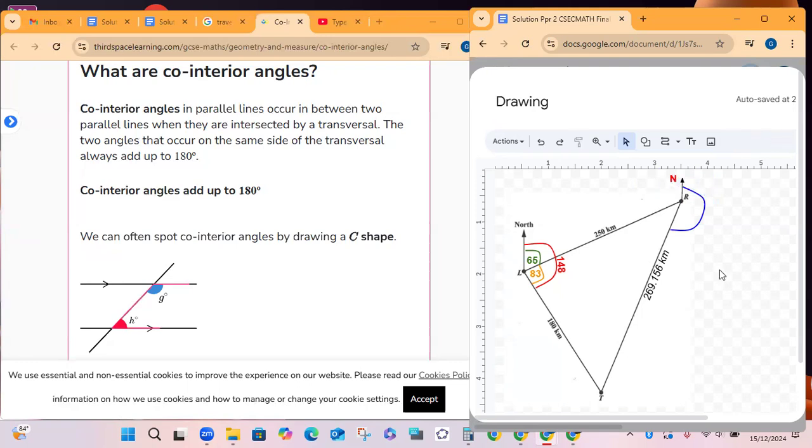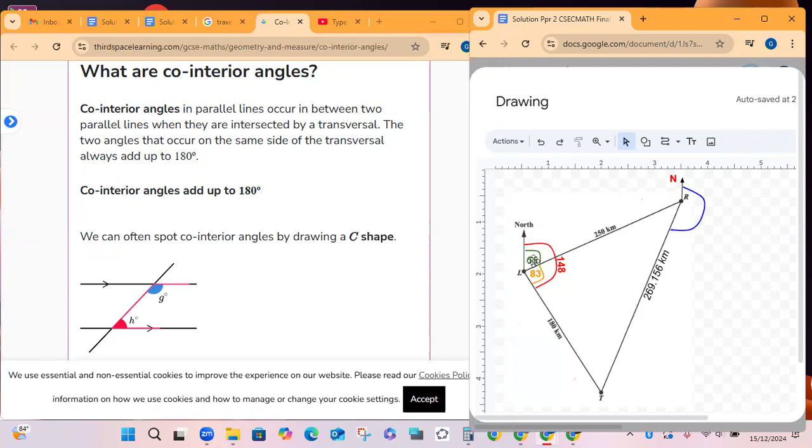So you have a theorem called co-interior angles. They are supplementary, they add up to 180 degrees. Co-interior angles in parallel lines occur in between two parallel lines when they are intersected by a transversal. The two angles that occur on the same side of the transversal add up to 180 degrees.